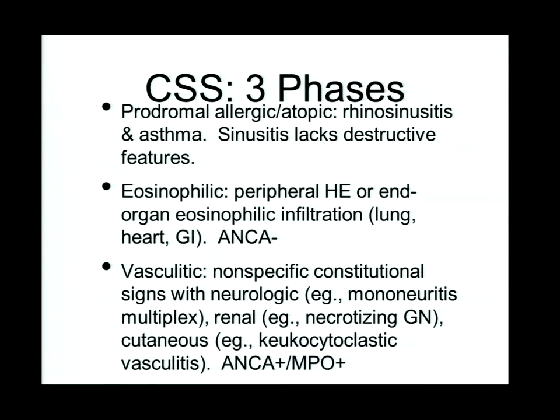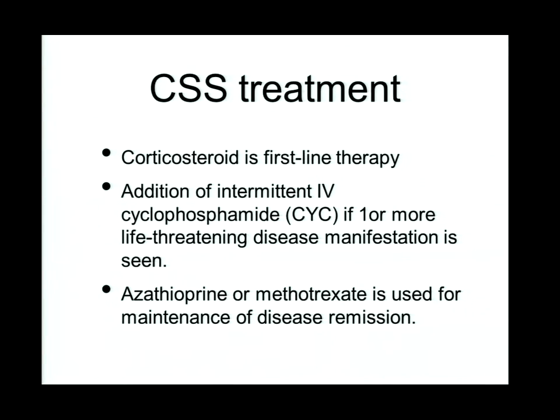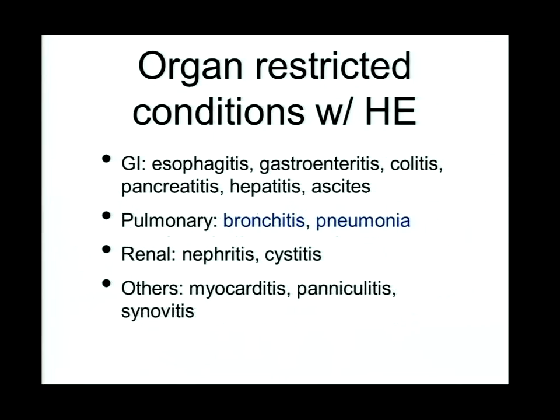Interestingly, patients who have this stronger presentation are often ANCA negative, while the ANCA positive patients tend to have more of the third phase of presentation, the vasculitic phase, where you have the mononeuritis multiplex, necrotizing glomerulonephritis, and, I'm sorry, that should say leukocytoclastic vasculitis. And then treatment, corticosteroid is first line. You could do pulses of IV cyclophosphamide for patients with one or more life-threatening manifestations, and methotrexate and azathioprine can be used as maintenance therapy.